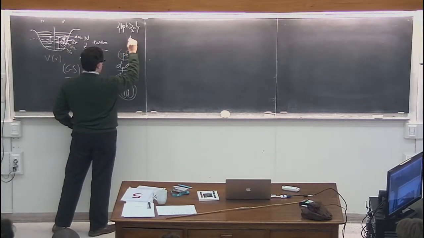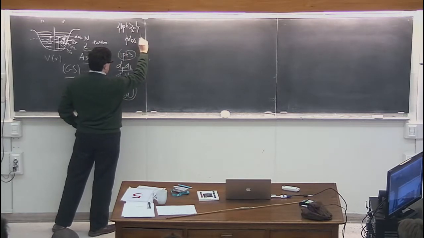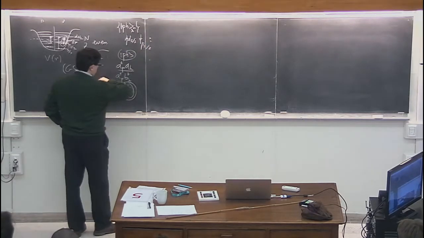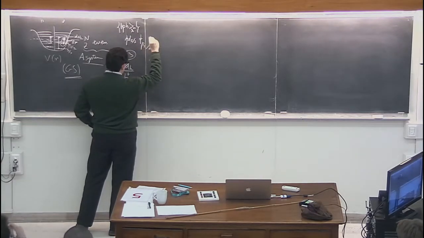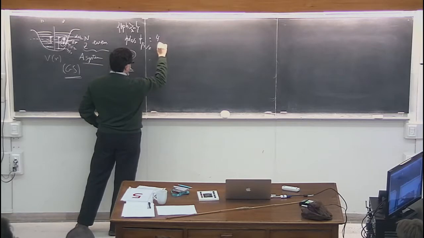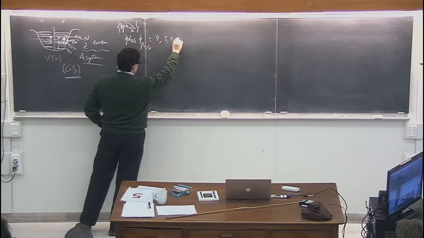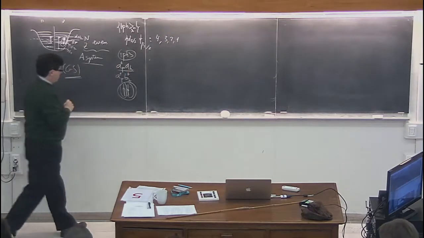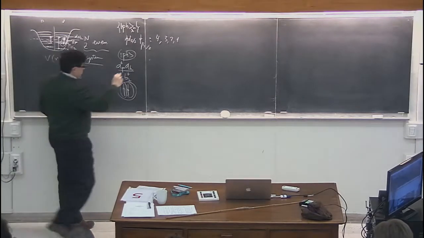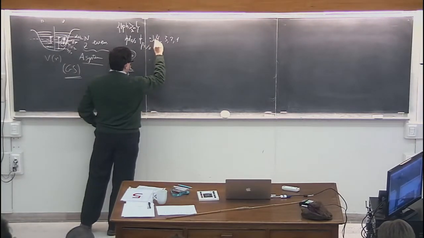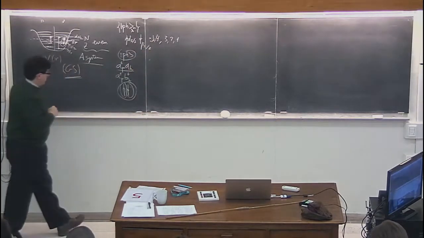So if you have a particle like this and a hole like this, you can have all the possible couplings, from 1 to 4, which are the possible values of lambda, and in this case the parity would be negative.